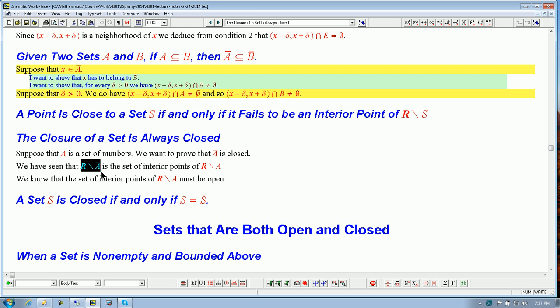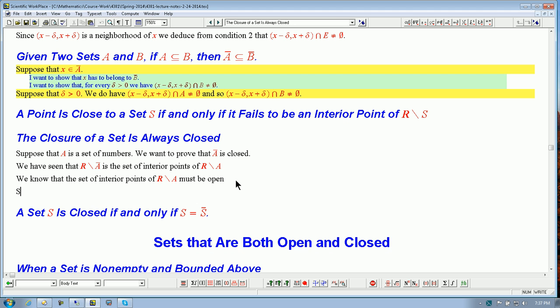The set R minus A bar, the complement of A bar, is a known open set. Since the complement of A bar is open, it's the set of interior points of that. The set of interior points must be open.